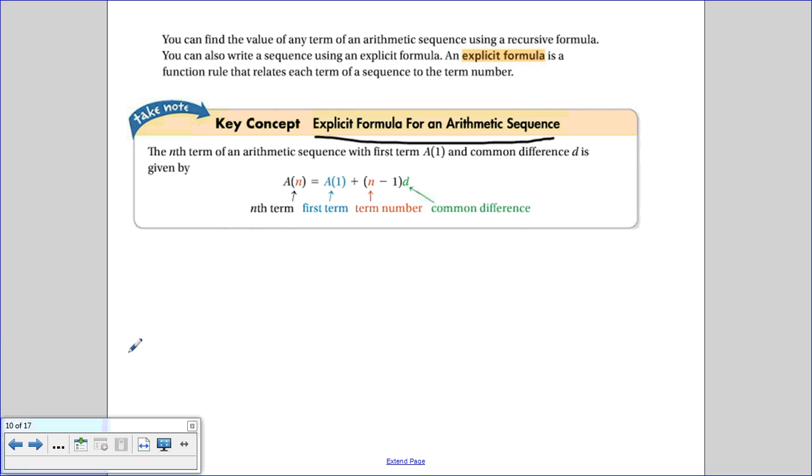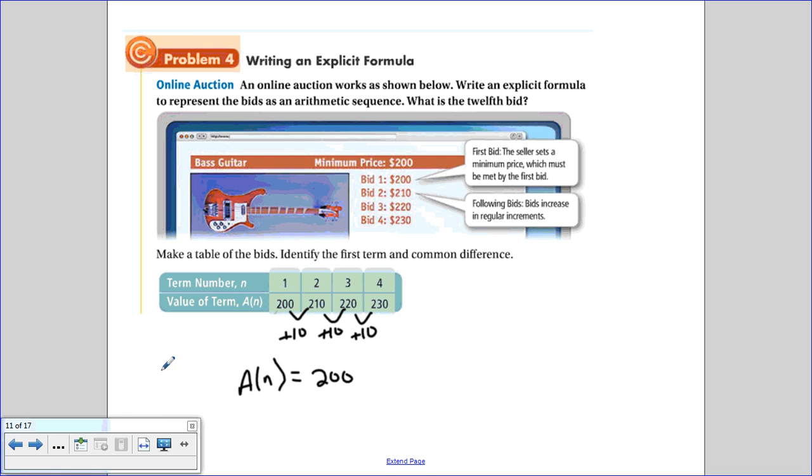So what's our term number? Do we know our term number? Do we know what one we want to use? No, we want to write it explicitly, meaning we want to write it for the in general. So we're going to leave this n minus 1, and then we're going to take it times our common difference, which is 10.